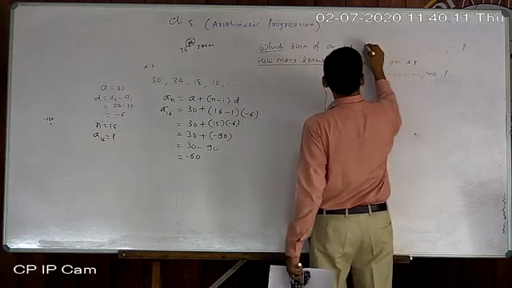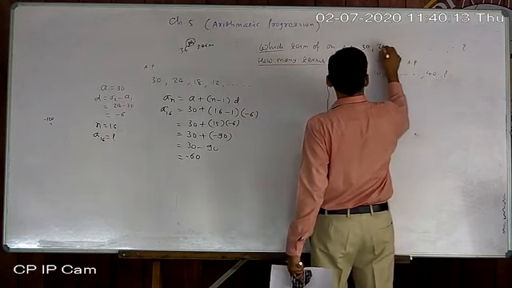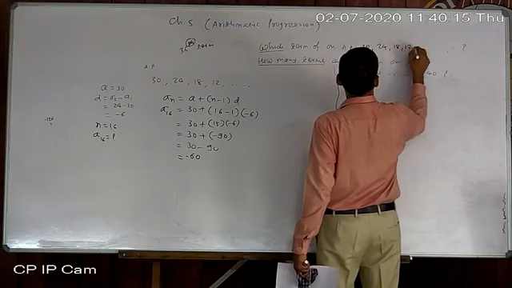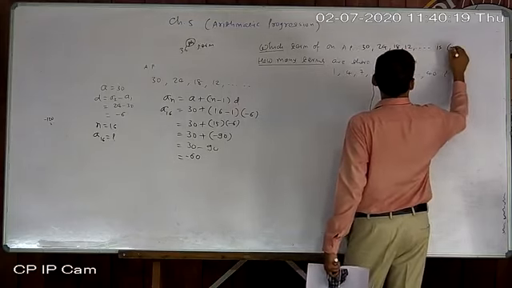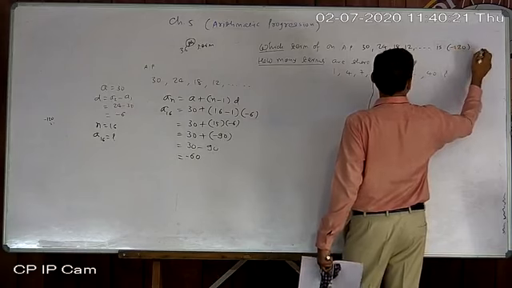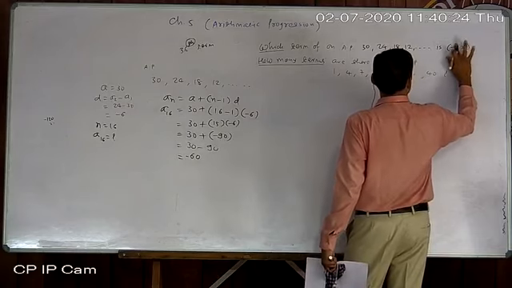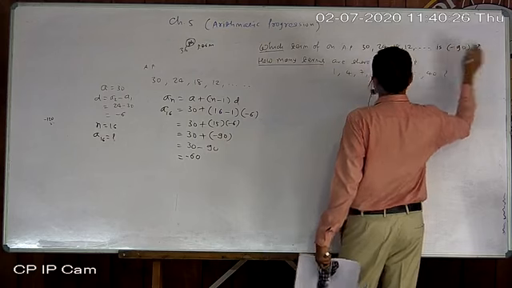Which term of 30, 24, 18, 12, and so on is minus 90?